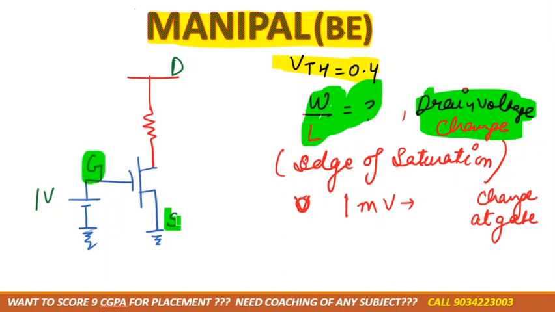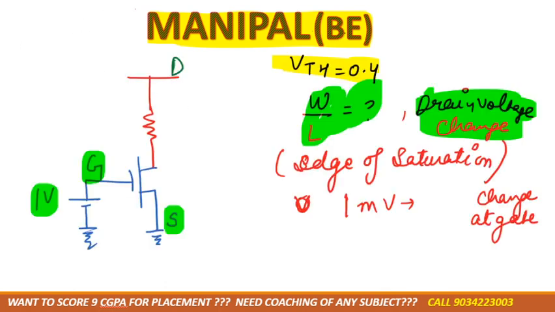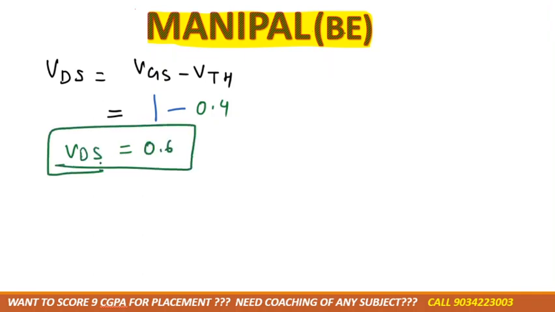VGS is the gate to source voltage, and how much have they given? That is 1 volt, minus what is VTH? VTH is the threshold voltage, and how much have they given? Minus 0.4. So we got VDS as 0.6. Understood? Okay. Any doubt up to here? Sorry, 1 minus 0.54. Yeah. Now tell me, any doubt up to here?